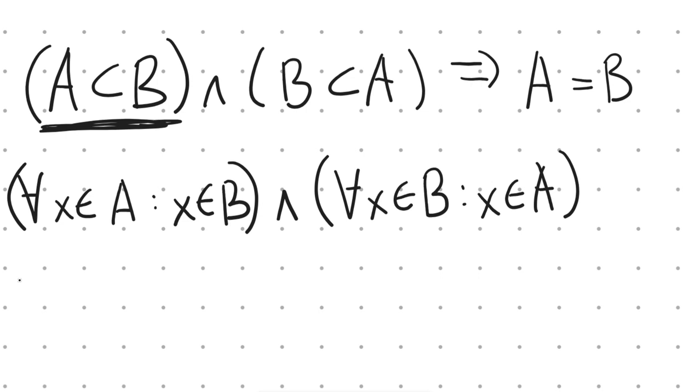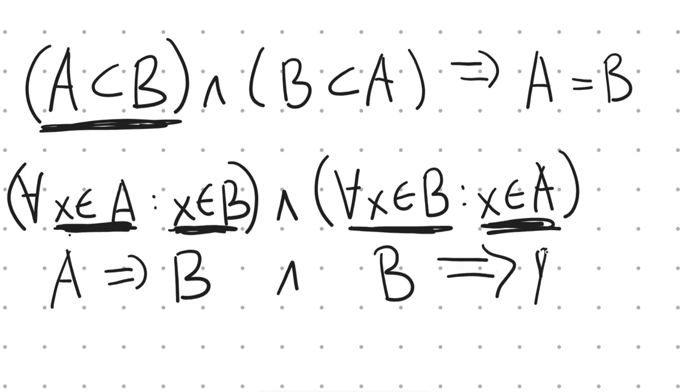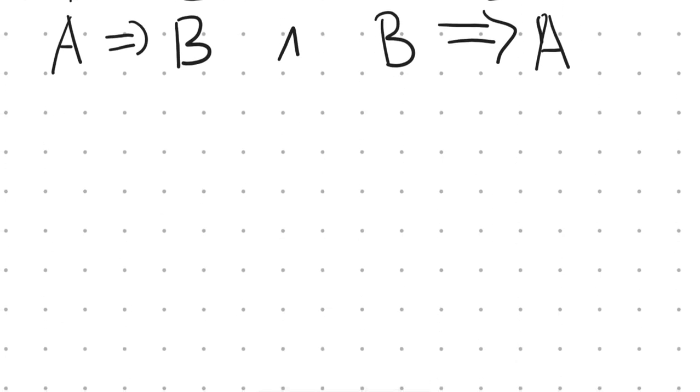Now this would mean that A will imply B, since if we go from A, when x is in A, it will imply that x is in B. And if we have x is in B, then x is also in A. So B will imply A, logically saying. And I have another video talking about equivalences.